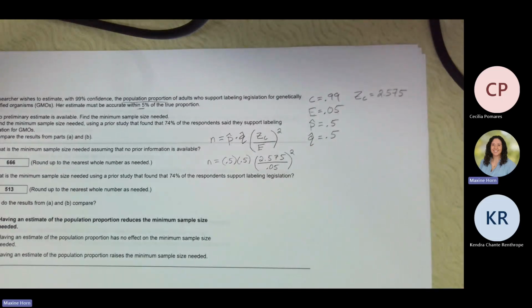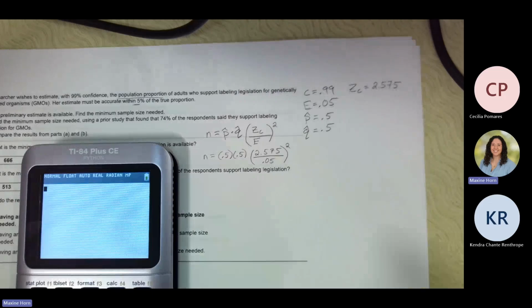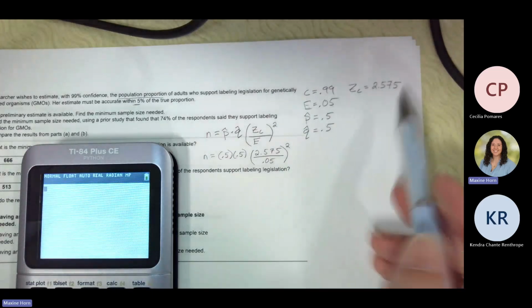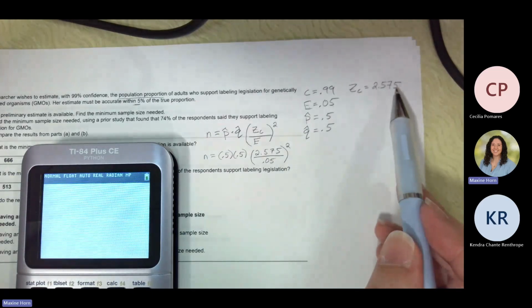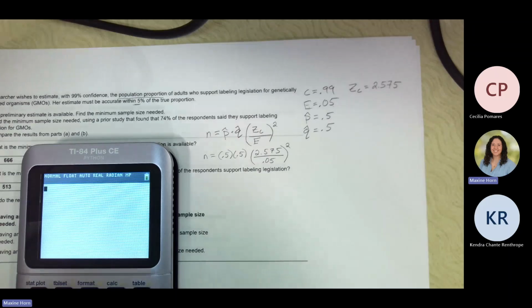So these sample sizes, anytime you're finding the minimum sample size, you've got to know your formula and you've got to find your z-score, right? So it takes a little bit more work than just plugging things into the calculator. But once you've found all your values, once you've identified the z-score, then yes, you're plugging it into the calculator. All right, so we have 0.5 times 0.5, and then we have 2.575 over 0.05, and we're squaring that.